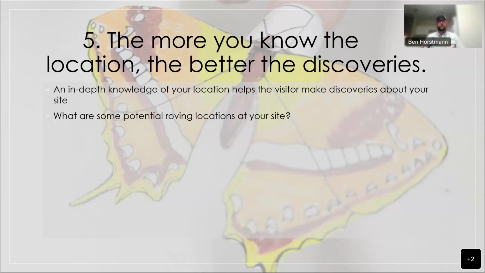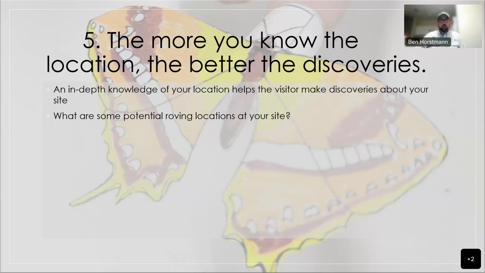When you're out there doing roving, people will ask you the same questions over and over, and you will make those discoveries with them. And then the next person that asks that question, you'll be readier to deal with that question and have that knowledge ready for them.